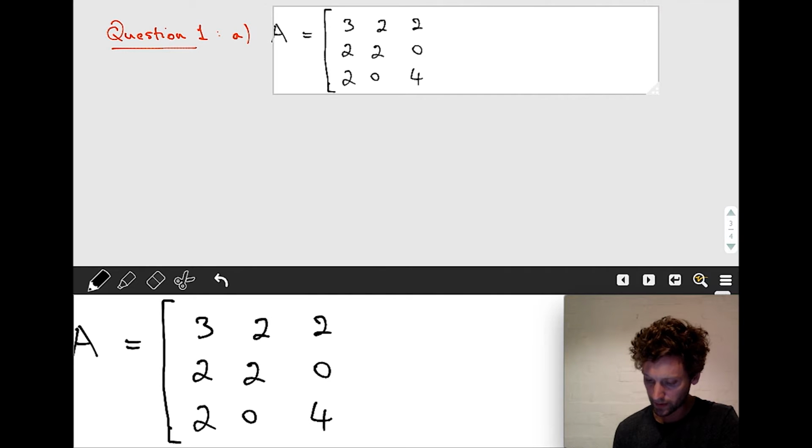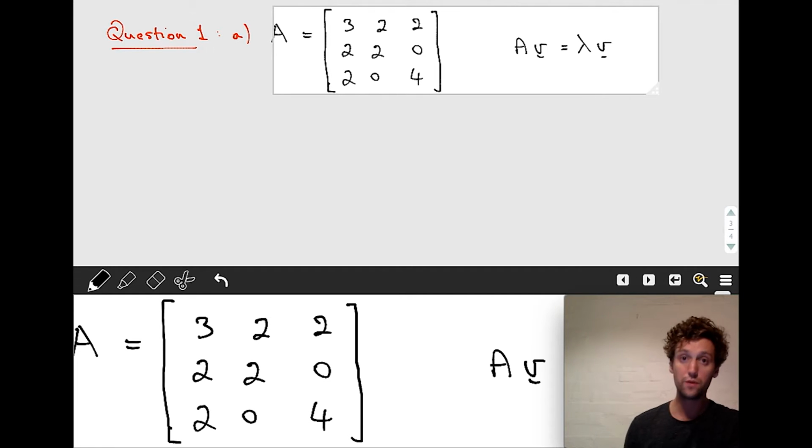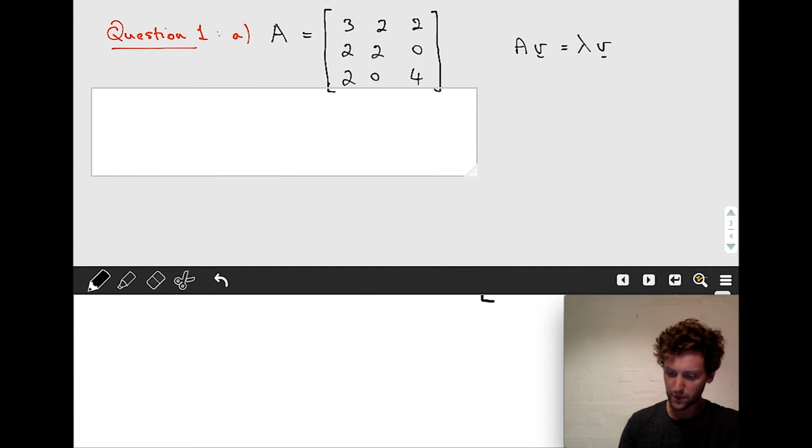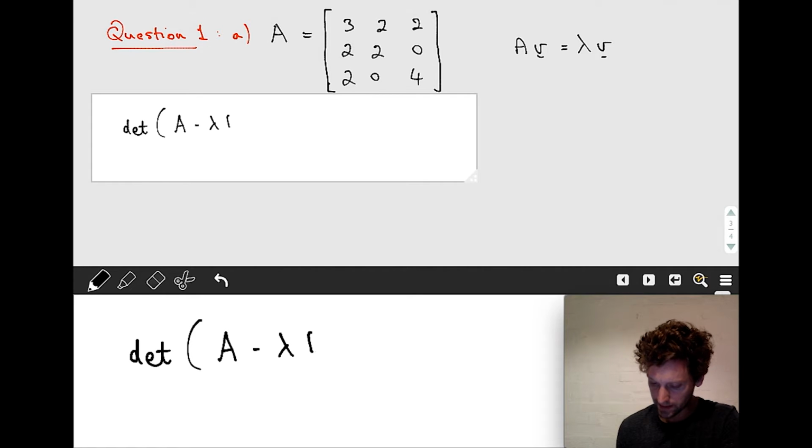So we want to find the eigenvalues and eigenvectors, that is, the vectors v and the scalars lambda that satisfy the usual eigenvector equation. So the way we're going to do that is by calculating the determinant of the matrix A minus lambda times the identity matrix.